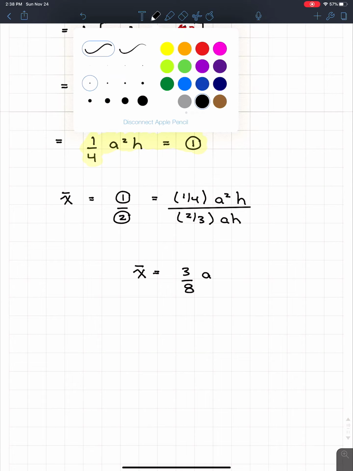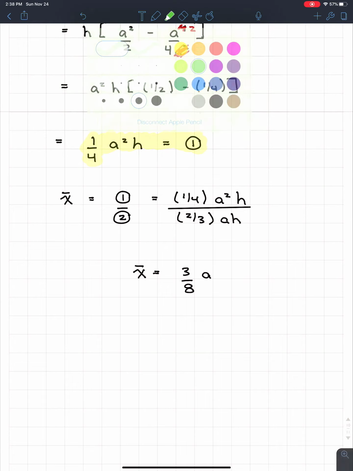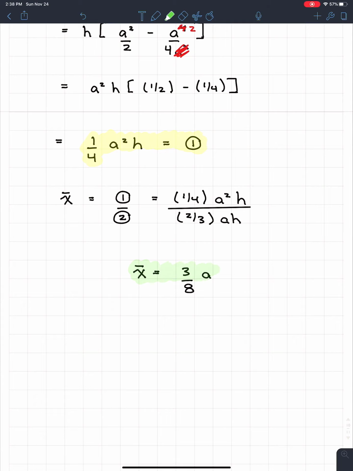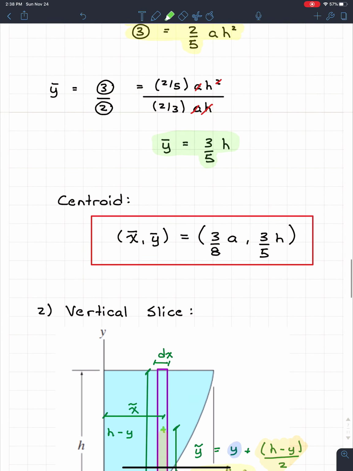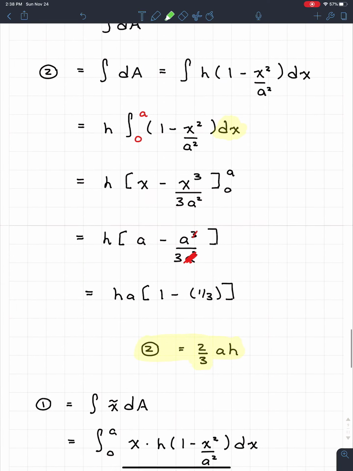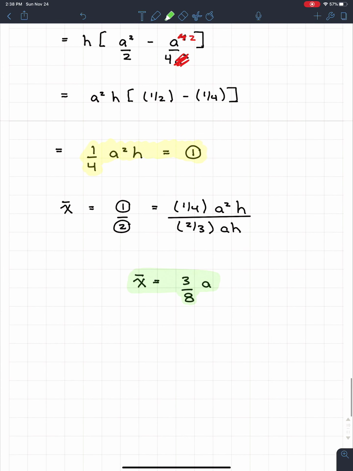So I'm going to highlight this in the green color because this is one of the coordinates. And if we scroll up to the top for our x bar up top, we see that x bar is 3/8 times a. Come down here, 3/8 times a. So one of them's already done, same as before, no big deal.